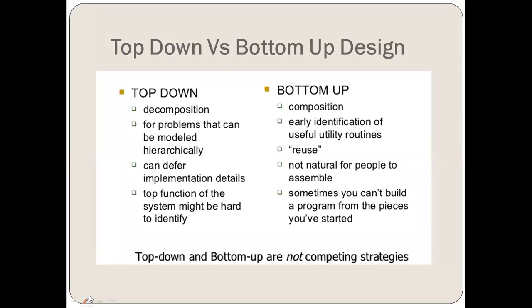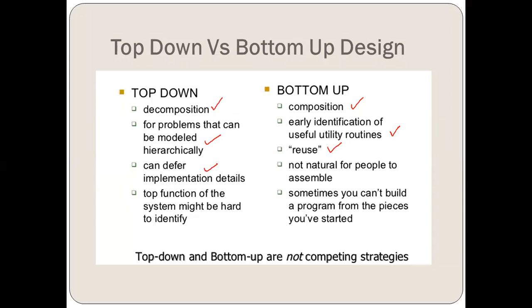The basic ones are: we are decomposing in top-down, and composition is used in bottom-up. In top-down, we are doing hierarchical modeling. Here we are working on the identification of the basic useful routines which are in utility. We can easily reuse the components in bottom-up.